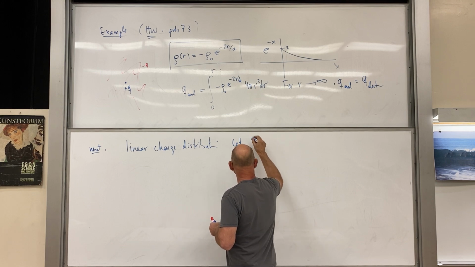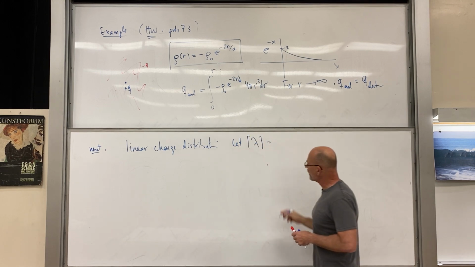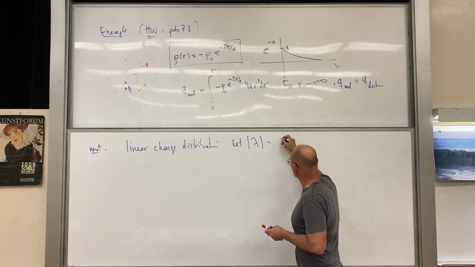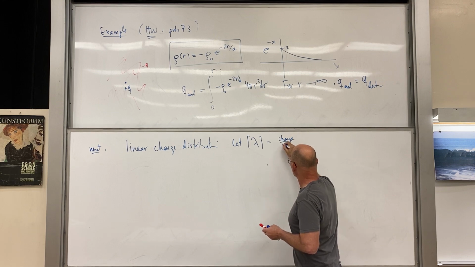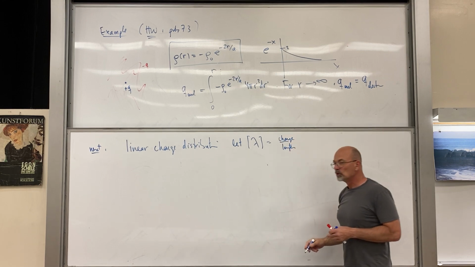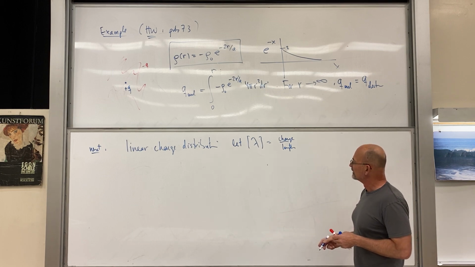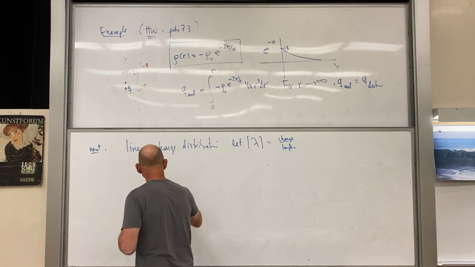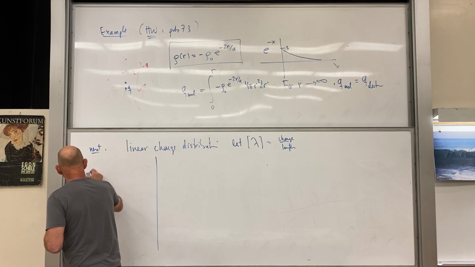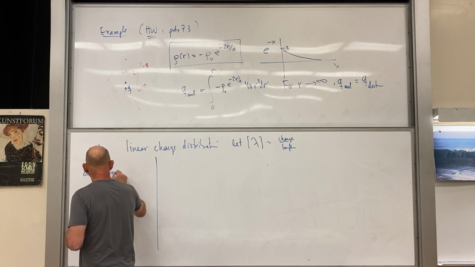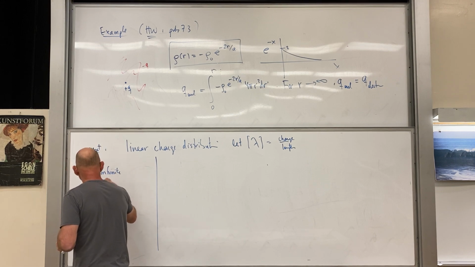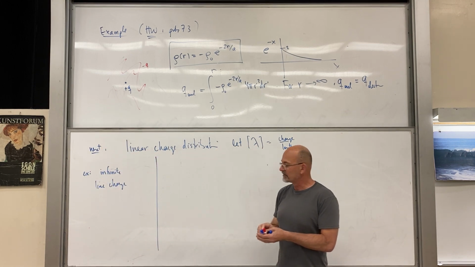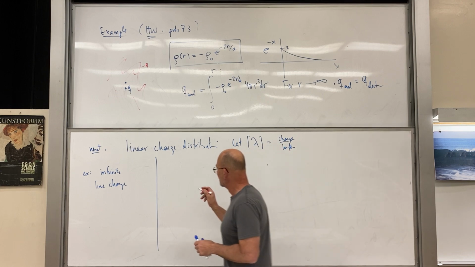Let lambda, I'll just put it in square brackets, so lambda is charge per unit length, so I'll write it in words, charge per length. Our units would be coulombs per meter, obviously. Okay. So it's a linear charge distribution, and say we have an infinite line charge, okay? And we want to know the field around the infinite line charge, okay?